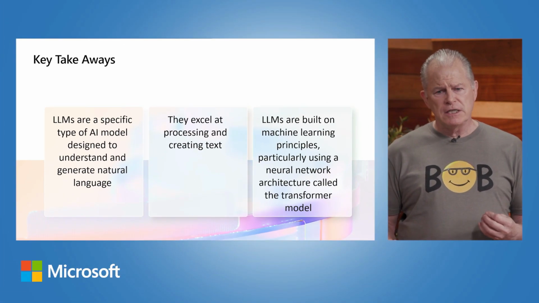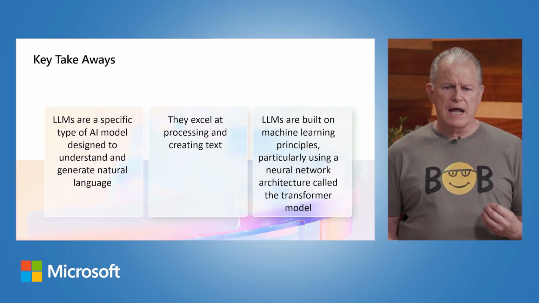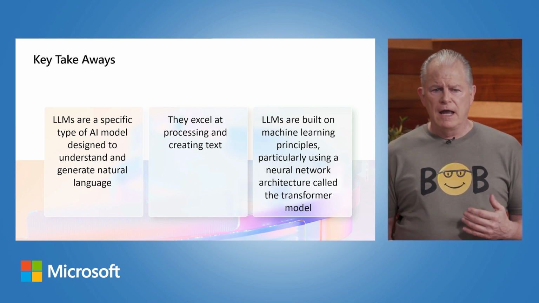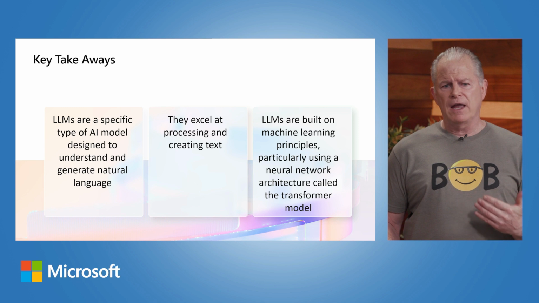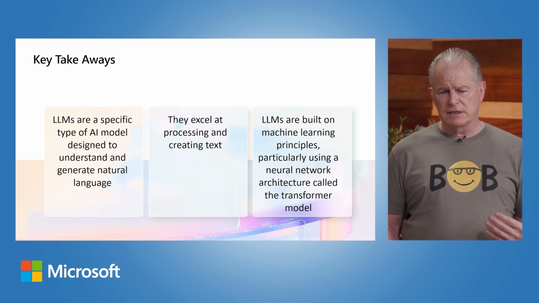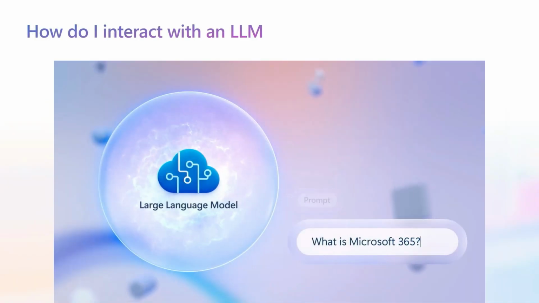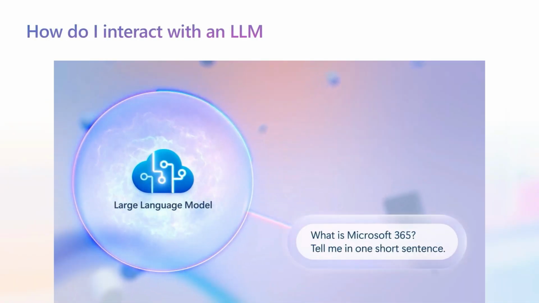They're built using machine learning principles, particularly around natural language and neural networks in that architecture. They are a specific model of AI, and they understand and generate, as I said, natural language. So a prompt is typically a statement or a question.